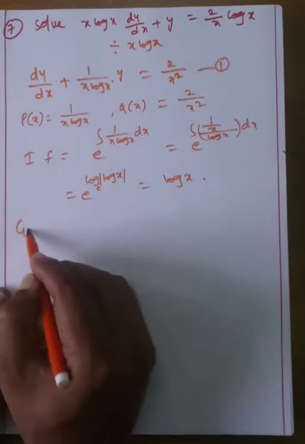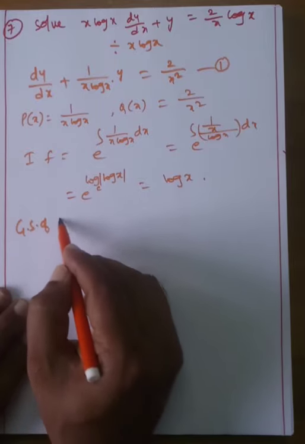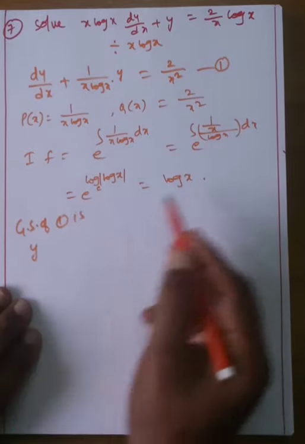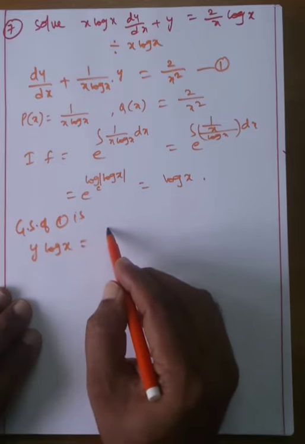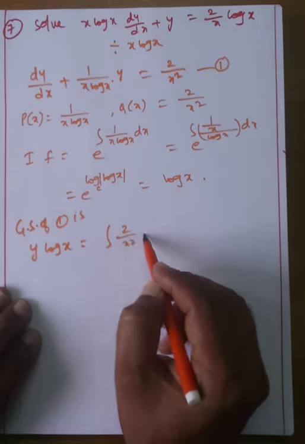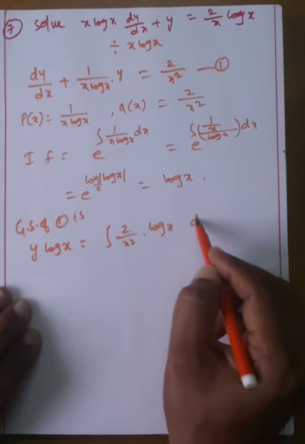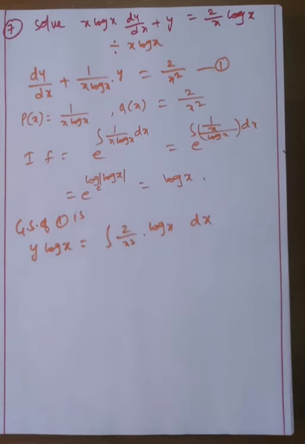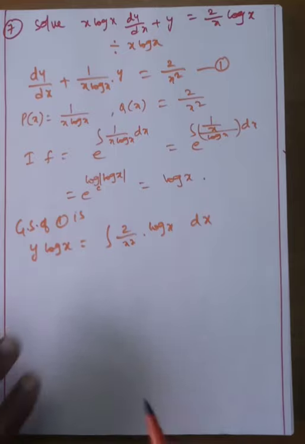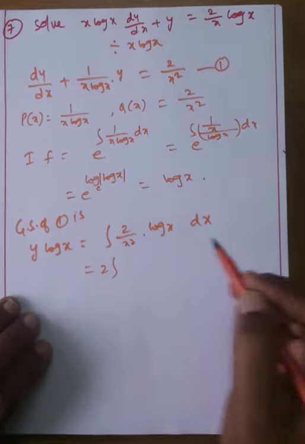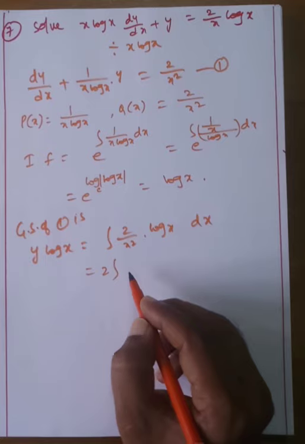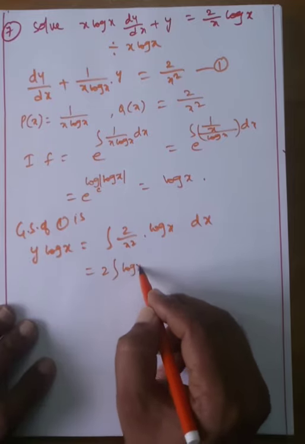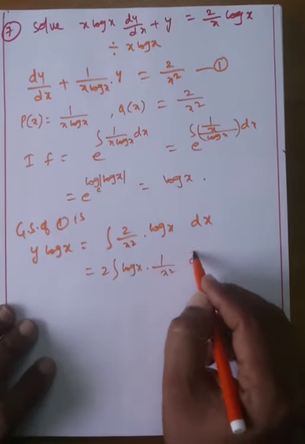Now the general solution of 1 is, directly I will write, y into log x is equal to the integral of 2 by x square into log x dx. 2 right outside. Now by using the formula, integration by parts, the first function is log x, the second function is 1 by x square.